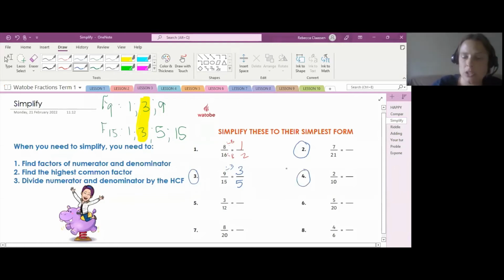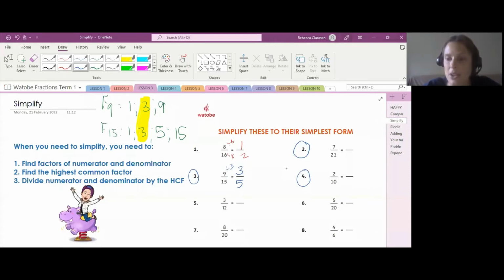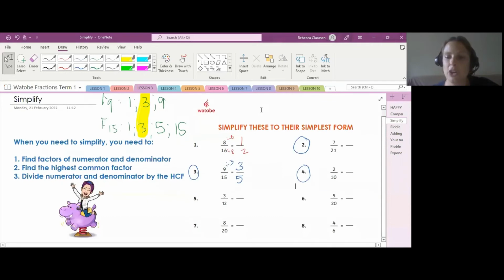Can we write, ma'am? You can write. There's 8 of them. See if you can do all 8. If you can only do 2, that's also absolutely perfectly fine.